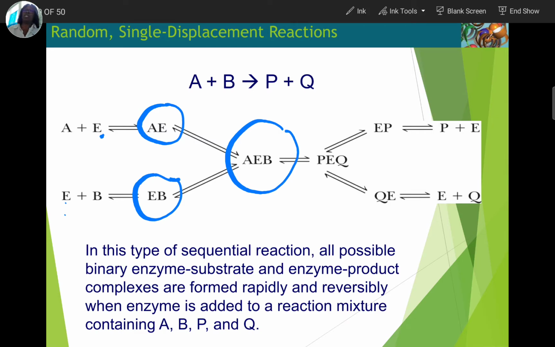AEB, provided the conditions are sufficient to drive the reaction forward, then converts to PEQ. So we have the enzyme with the products as a complex.